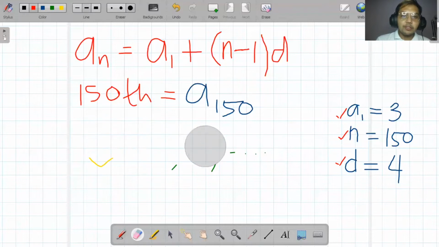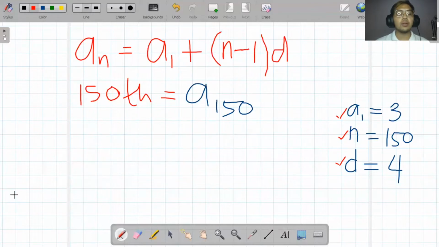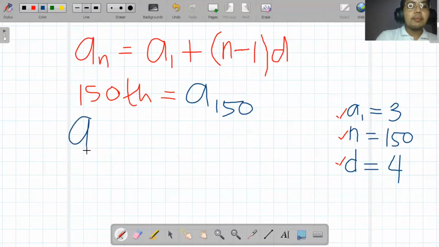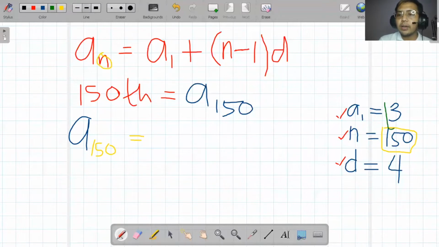So if we're going to solve for a sub 150, or the 150th term of the sequence, all we need to do is substitute. Our n in the formula is what we replace with the n in our given. Our n is 150. So that would be a sub 150, which is equal to our a sub 1, which here is 3.